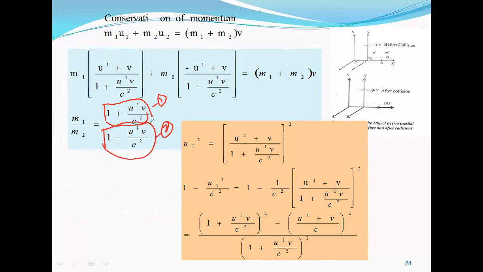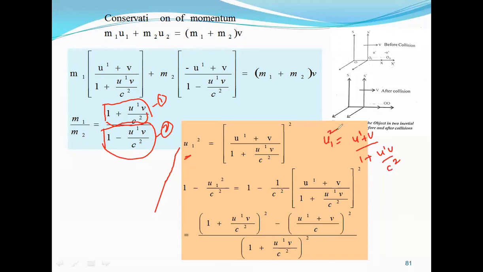So what I'm trying to do first, I'm going to write u1 square. Starting from the equation u1 is equal to (u1 prime plus v) by (1 plus u1 prime v by c square), this one we know.